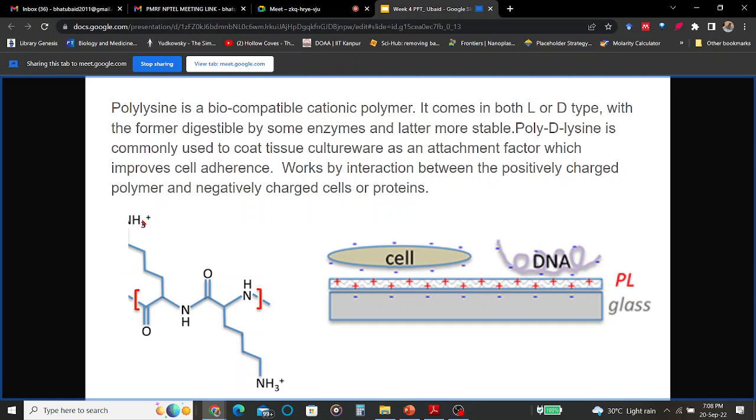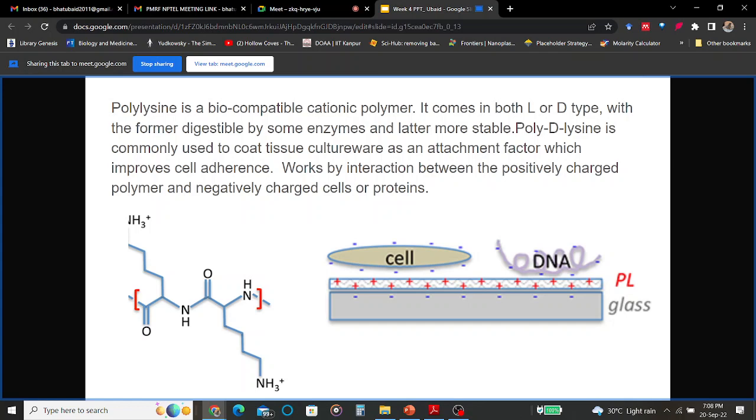Under physiological conditions, these nitrogen groups become protonated, and after they become protonated, they attract negatively charged biomolecules such as DNA. As cells also have a net negative charge, these cells and DNA get attracted by poly-D-lysine, and these cells adhere to the culture plate.